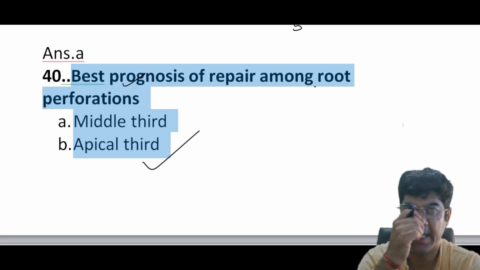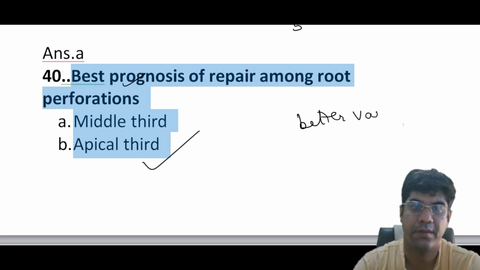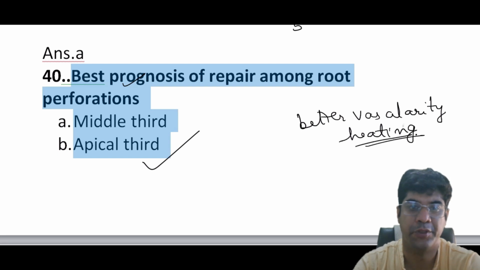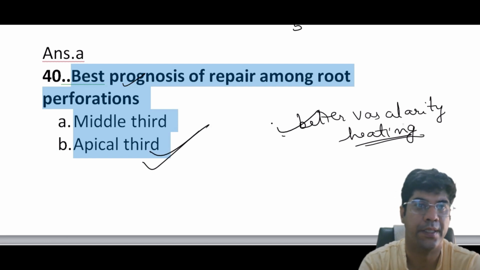So the apical region has better vascularity and healing potential. That is why repair is usually more favorable, allowing for better visualization and manipulation during the repair procedure. So that is why the answer is apical third.